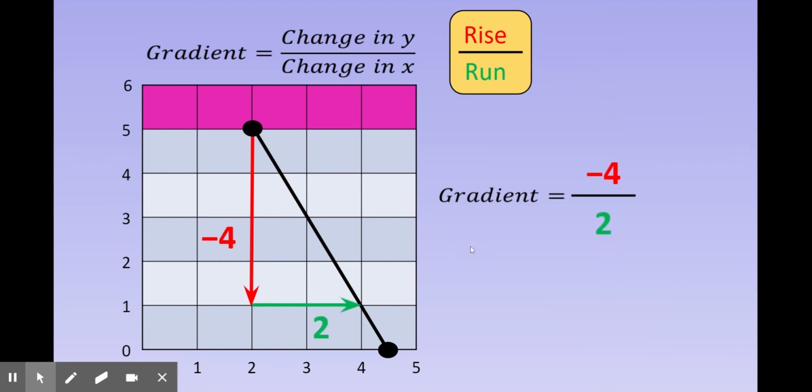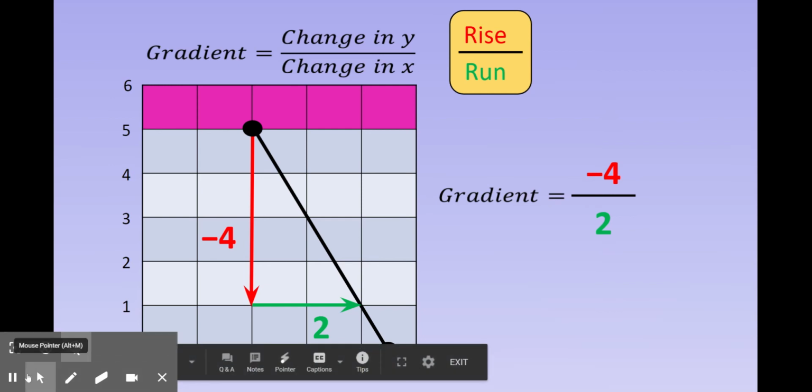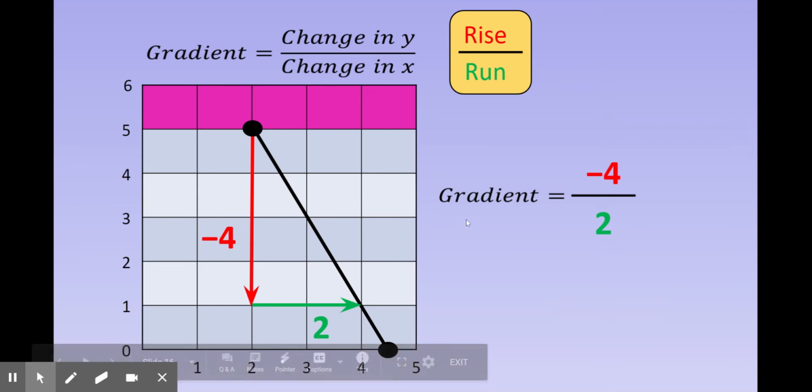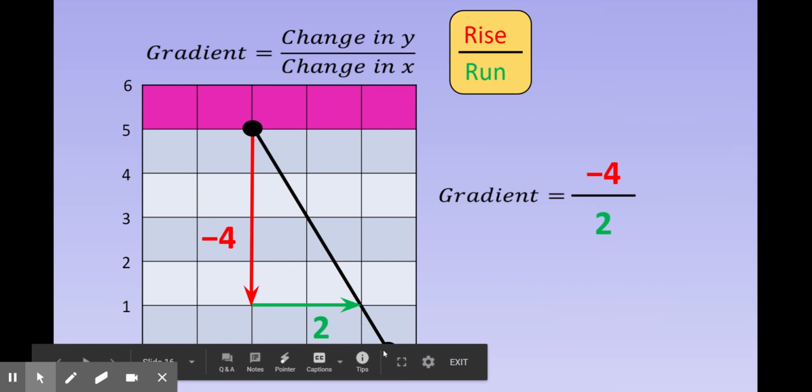Here are the answers. Now notice we didn't go from one end of the line to the other end of the line. Let's see the reason why that's the case. Now you can see one point is in the corner of the square. However, the other point is in the middle. We're not sure whether it's exactly in the middle.